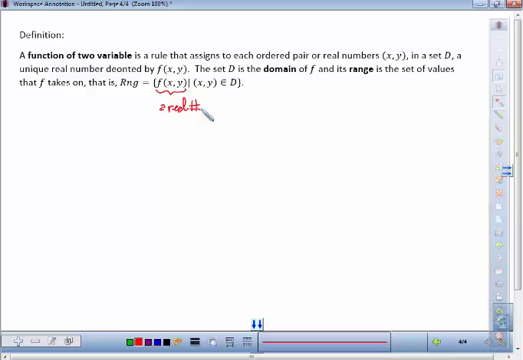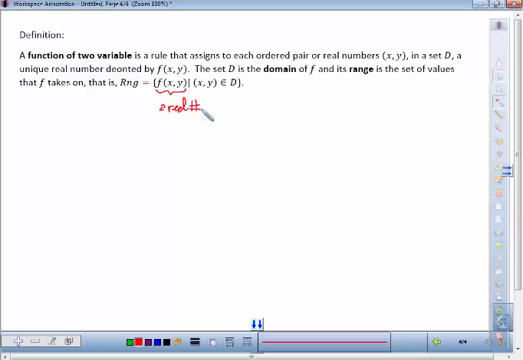So let's begin to imagine a graphical representation of this. Your domain are ordered pairs. Where does your domain live? No, not quite. The XY plane. You got ordered pairs, x and y, so it must be on the XY plane.